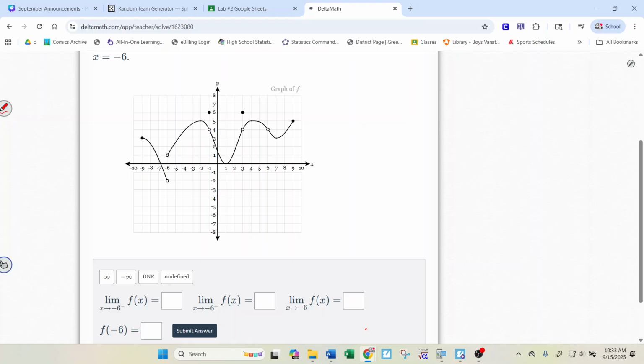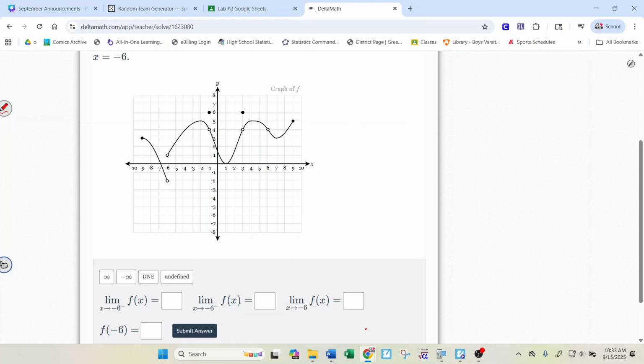What's the limit from the right? 1. What's the limit at -6? Doesn't exist, undefined. Why? Not the same, so by theorem, Bob, they're not the same. What about f of -6? Undefined, doesn't exist.